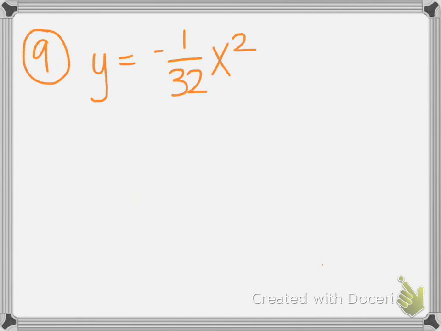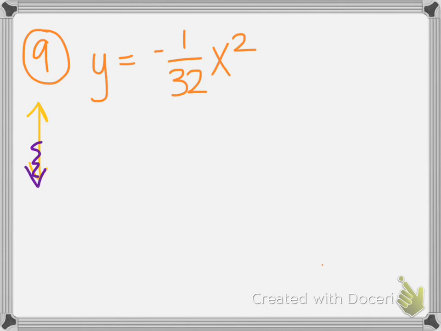So the distance from the focus to the vertex, or the distance from the vertex to the directrix, is called the focal length. Now, in order to determine this, we're going to go back to the problems we did earlier and figure out which way the parabola opens, first of all. We have a y equals equation, and we've got a negative a value.